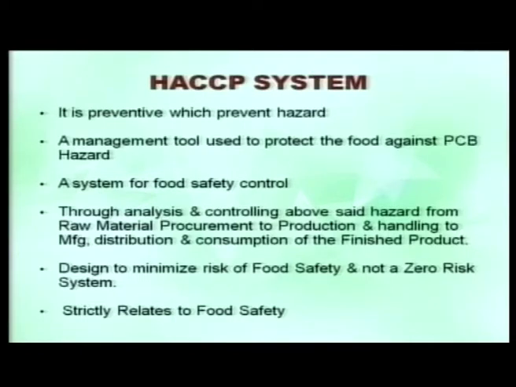It's a food safety control system that analyses and controls the above-said hazards from raw material procurement to production, handling, manufacturing, distribution and consumption. The HACCP system is designed to minimize food safety risk and is not a zero risk system. It strictly relates to food safety and does not cover quality aspects. We need to be very clear in understanding this.